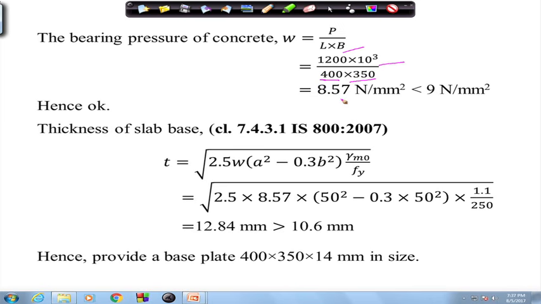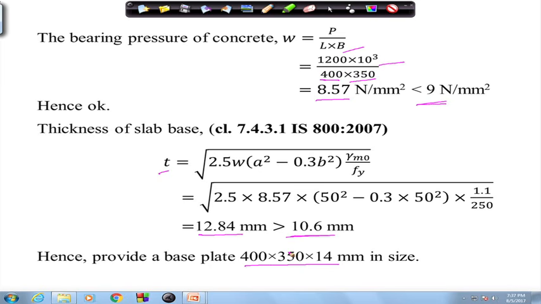So, the bearing pressure of concrete we can find out 8.57, which is less than 9. 9 is the bearing strength of the concrete, that is 0.45 FCK, and then we can find out T, that is thickness, and that is coming 12.84, which is greater than the TF, thickness of flange, as 10.6. So, we can provide a base plate of 400 by 350 by 14 mm size.